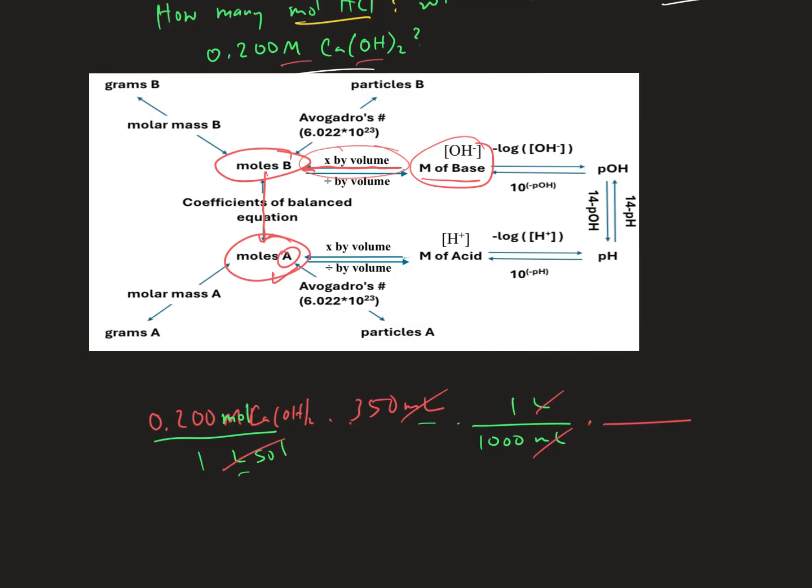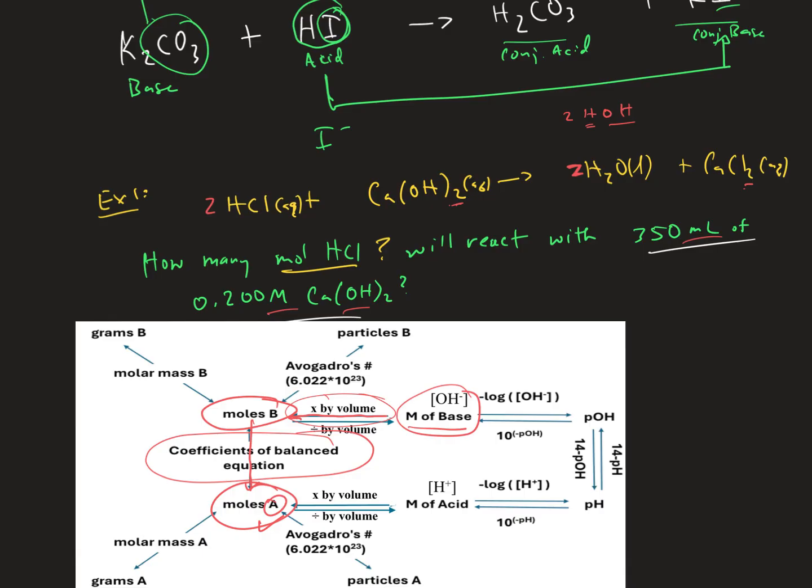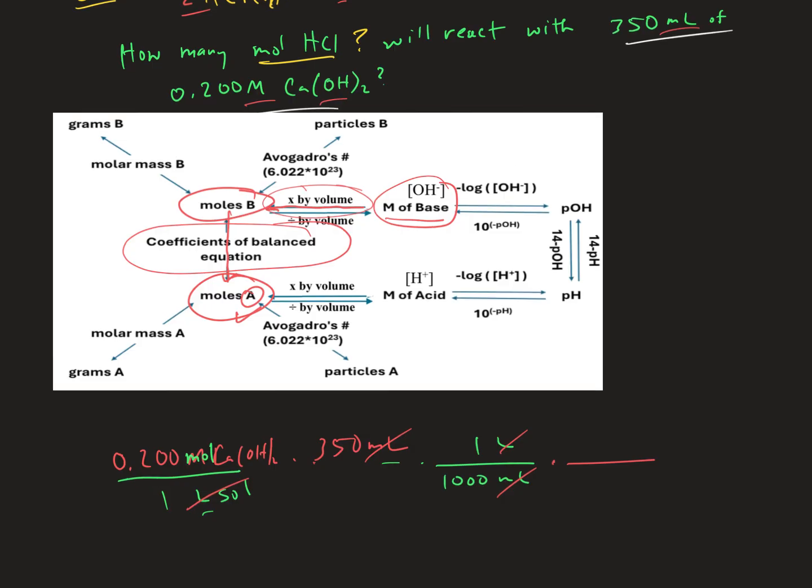Multiply by what? Yeah, our mole-to-mole ratio. What's the mole-to-mole ratio here? 1 to 2. So we have this on top, it better be on bottom, right? 1 mole of calcium hydroxide to 2 moles of HCl.